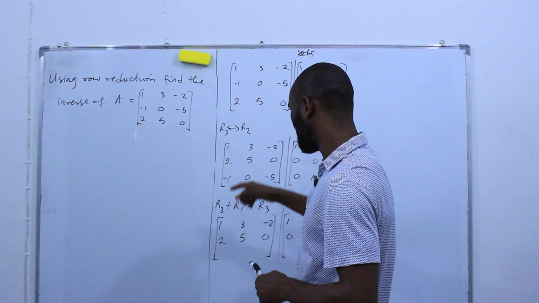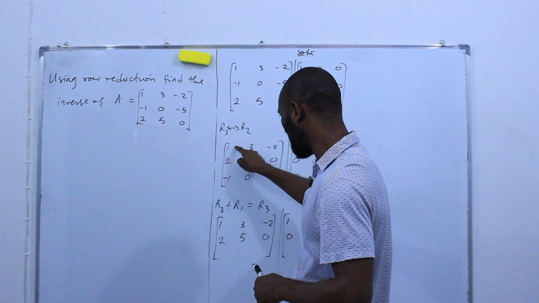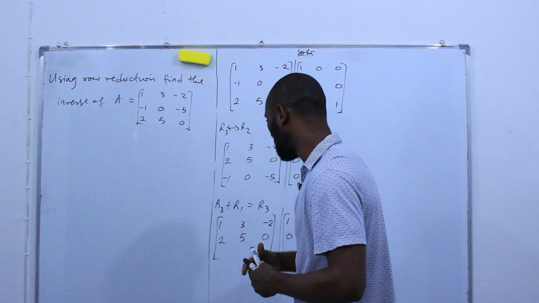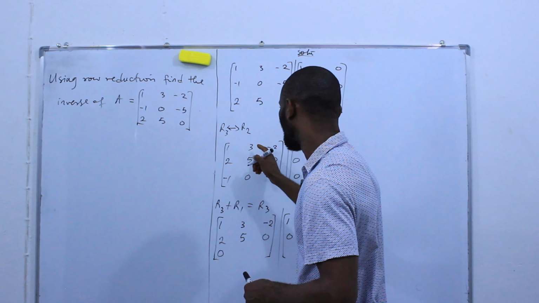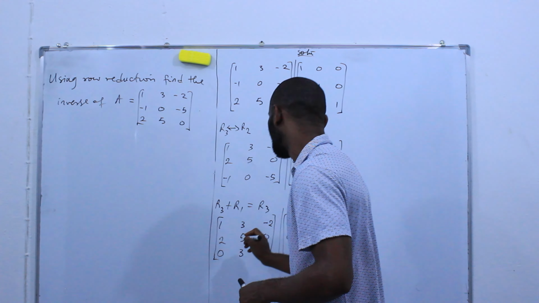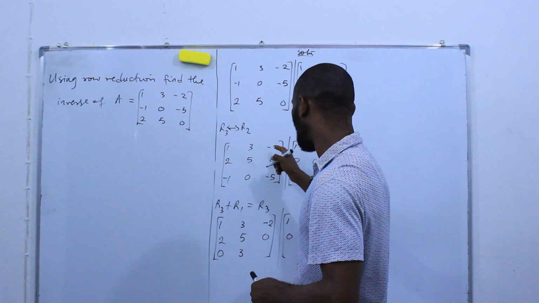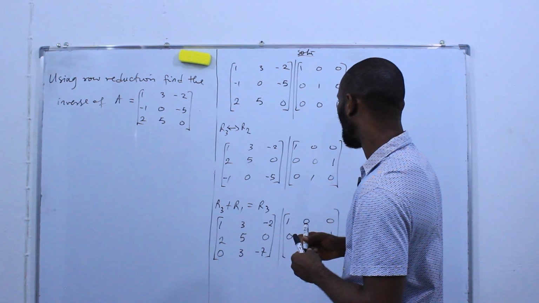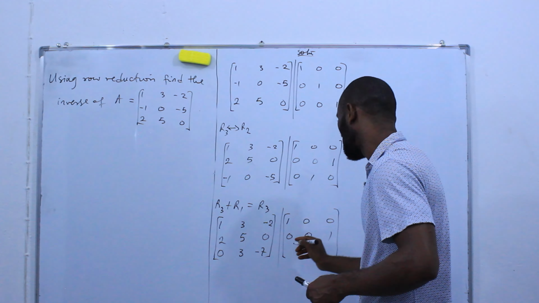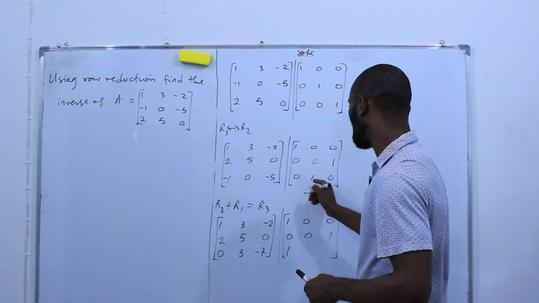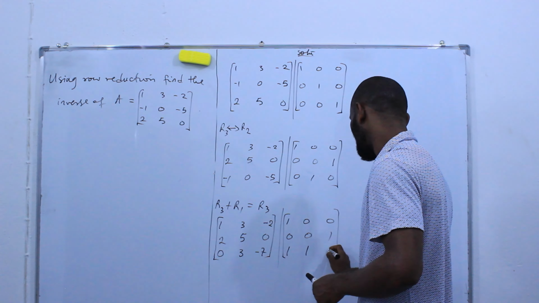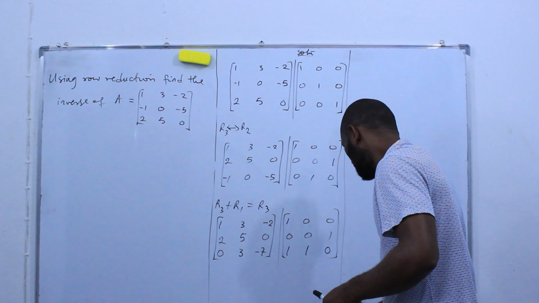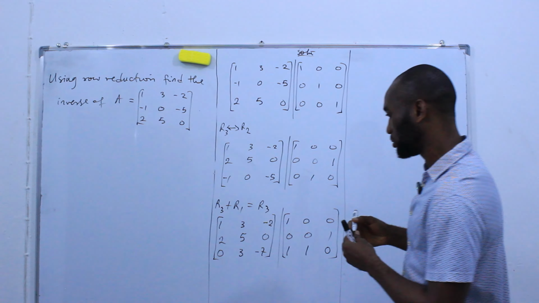Now let's look at it. Row 1 plus row 3 will give us row 3. 1 plus minus 1 is 0. 3 plus 0 is 3. Minus 2 plus minus 5 is minus 7. Now on this other side, 1 plus 0 will give us 1. 0 plus 1 will give us 1. 0 plus 0 will give us 0.